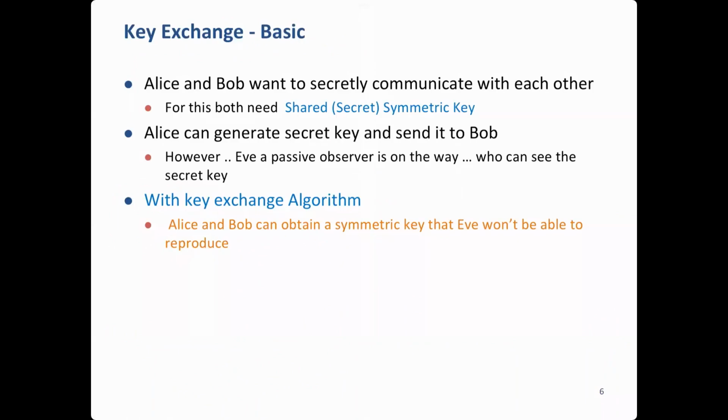So this problem we know already, and all throughout we have assumed that Alice and Bob are communicating with each other over an insecure channel, or leaky channel, or the internet. The internet does not give you any kind of guarantee about security. You have to do everything end to end.